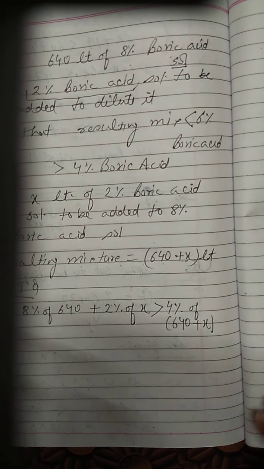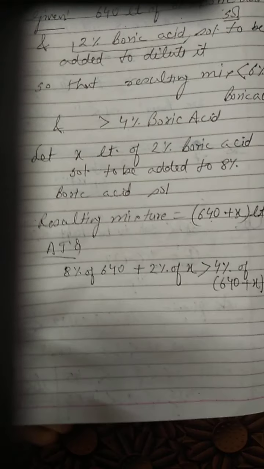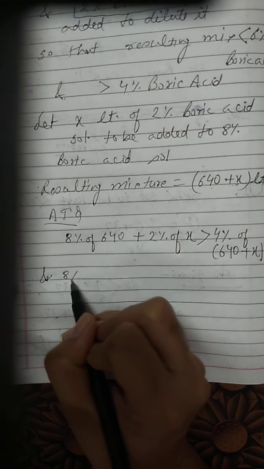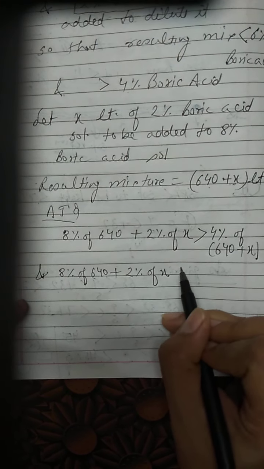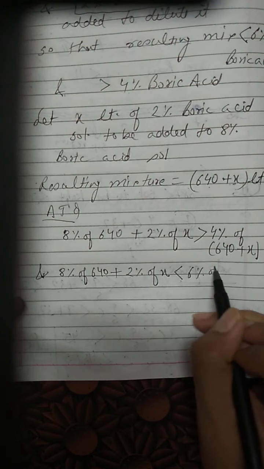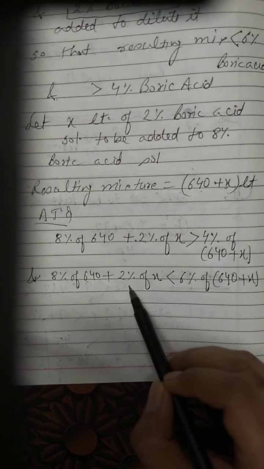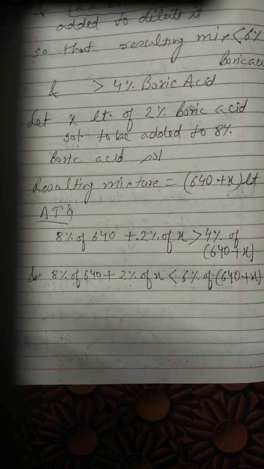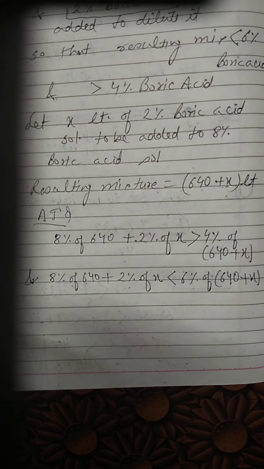Total is 640 plus x. This is the first condition, and from here we are getting our first inequality. Second, we have 8% of 640, and if I add 2% of x, it should be less than 6% of the resultant mixture, that is 640 plus x. We are given these two conditions, and these two conditions give us two inequalities which, if we solve, we will be able to get the value of x, that is how much x should be added, right?